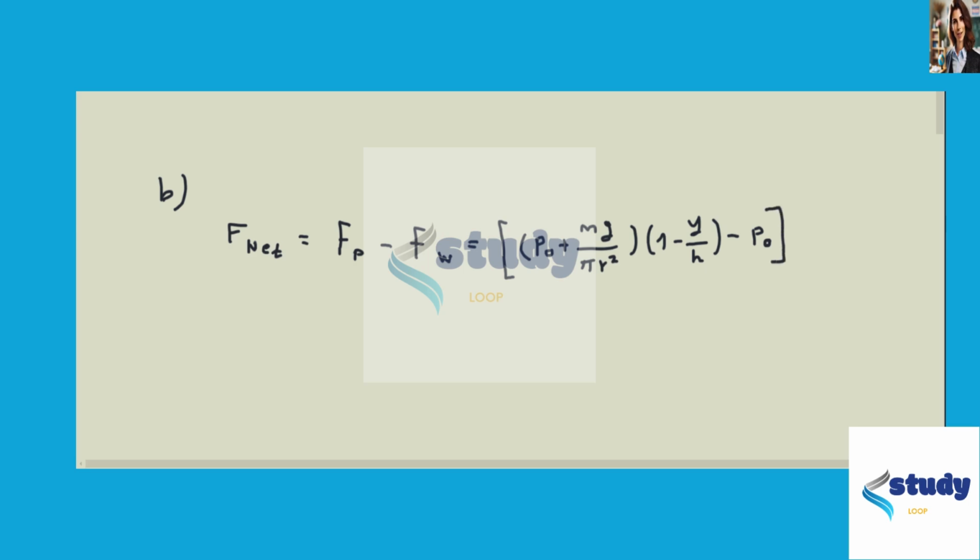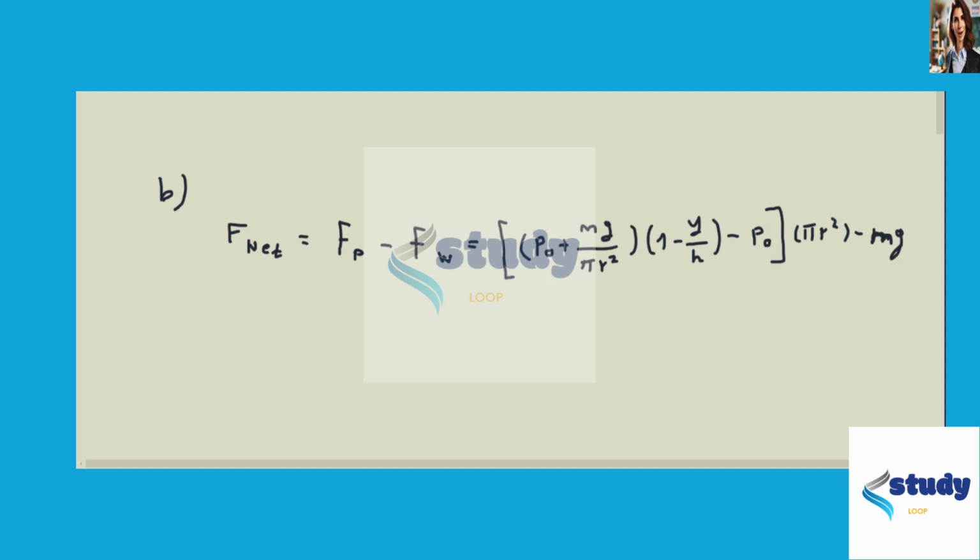This will be multiplied with the area of the circular shape, pi r squared, and then minus mg, which is the force of the weight. Here we can rearrange this algebraically, and we can see that when P0 gets multiplied by 1 and then subtracted by P0, it cancels out.